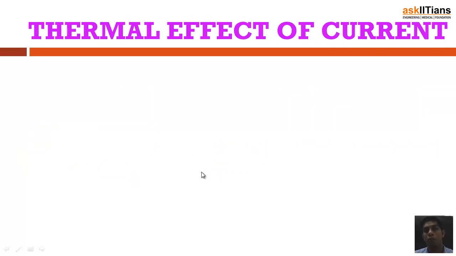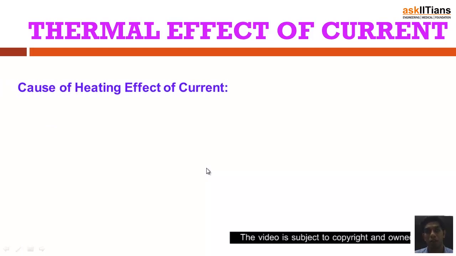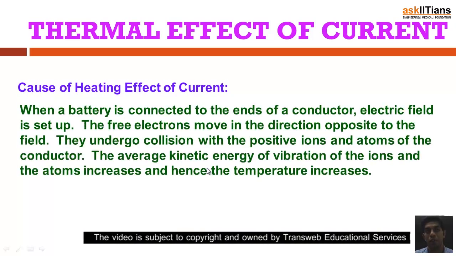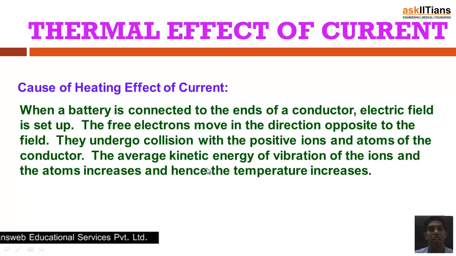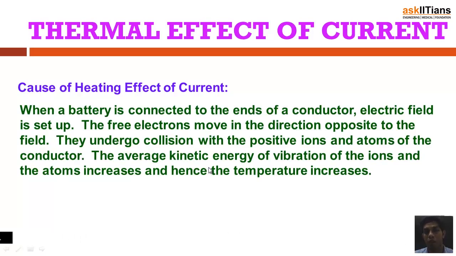Now we move on to the cause of heating of the conductor. The basic cause of heating is the constant collision between the charge carriers inside the conductor. When the electrons collide with the atoms, or when the electrons collide with other electrons, they impart kinetic energy, or they give part of their energy to the others.